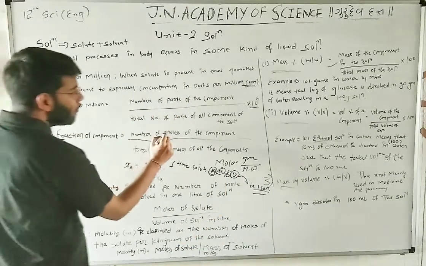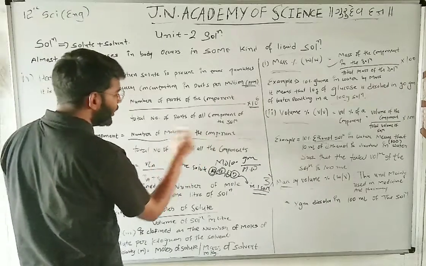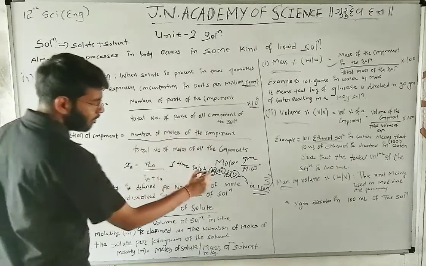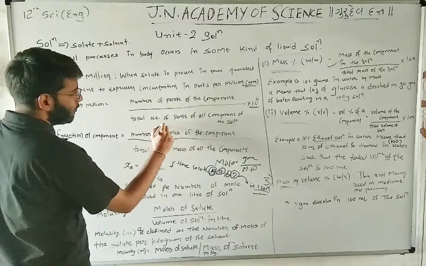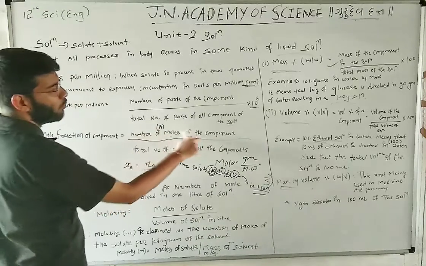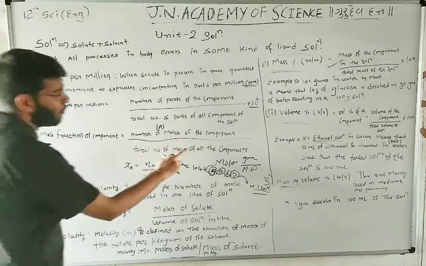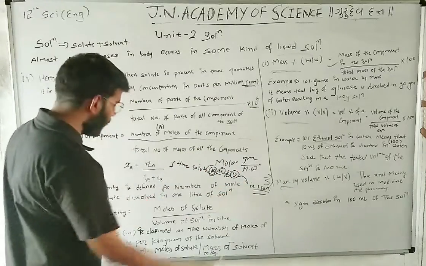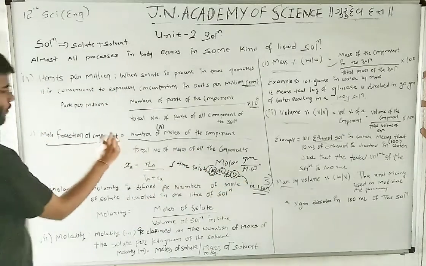The number of moles of the component, the particular one I want to know, say A, upon the total number of moles of all the components. Okay, it's called mole fraction of a component.